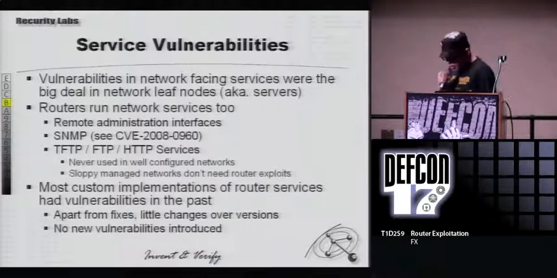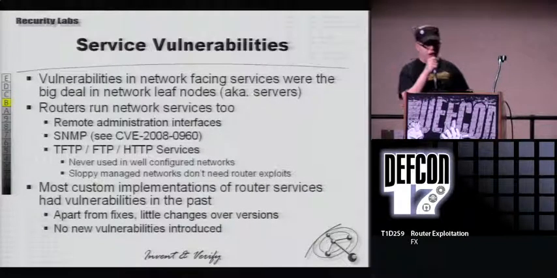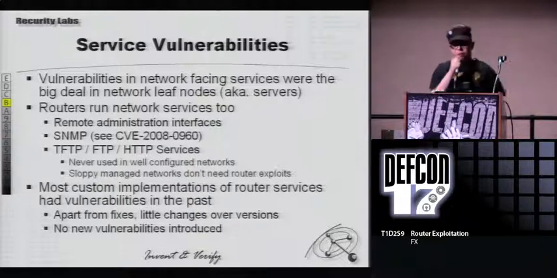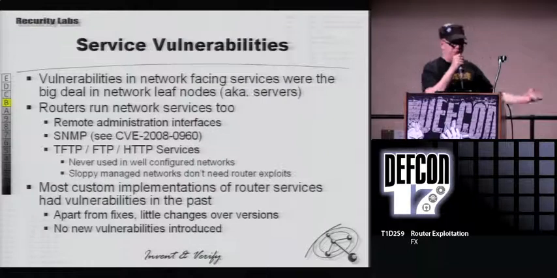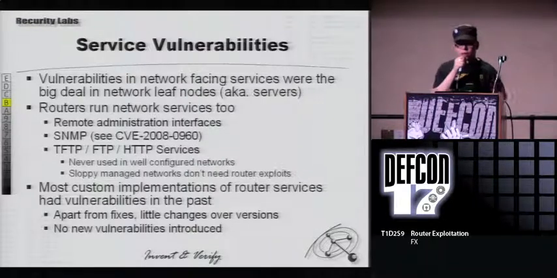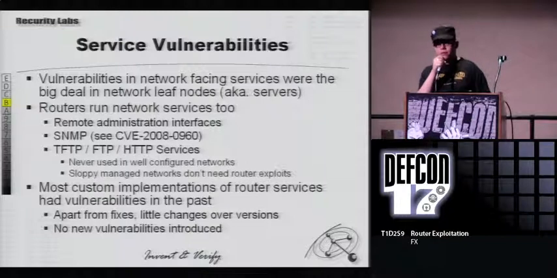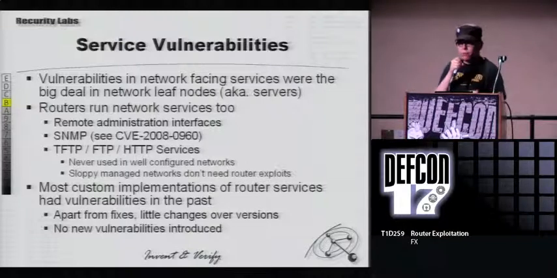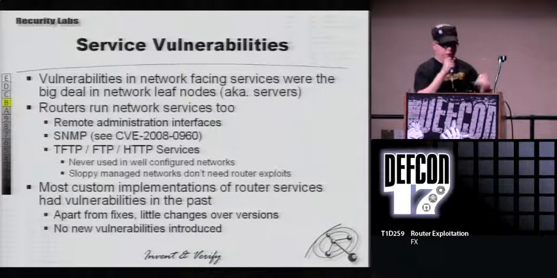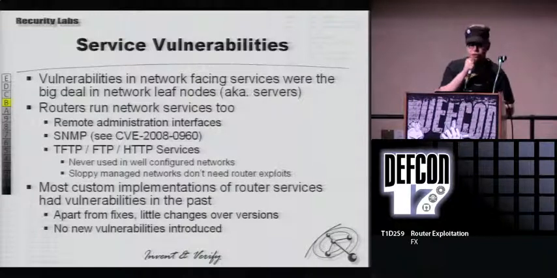So the vulnerabilities we have are service vulnerabilities. That is the most common thing, because everything that is a server likes to get attacked. Same on Cisco. If you fire up a server on a Cisco router, it will be attacked. So that would be remote administration interfaces, SSH, something. That would be SNMP, because everyone needs that to run their networks.